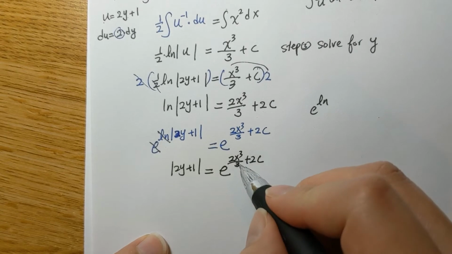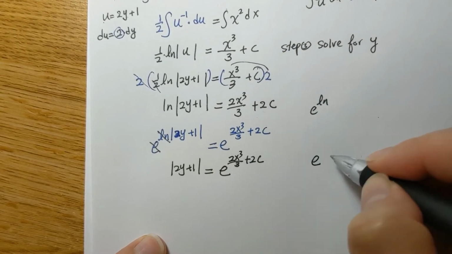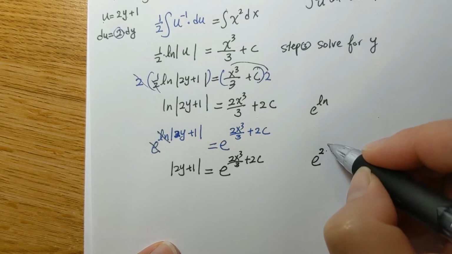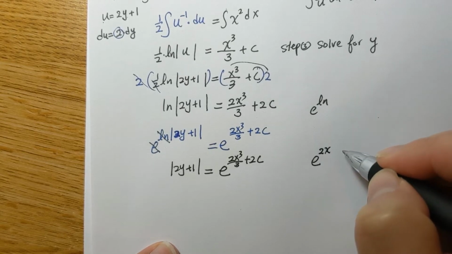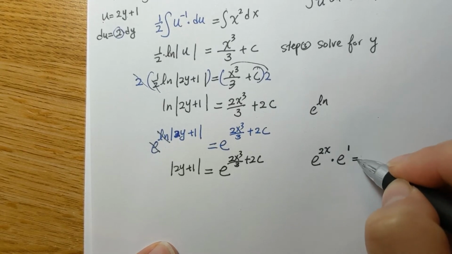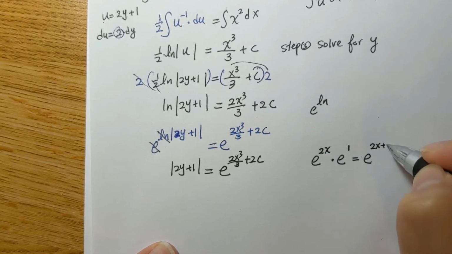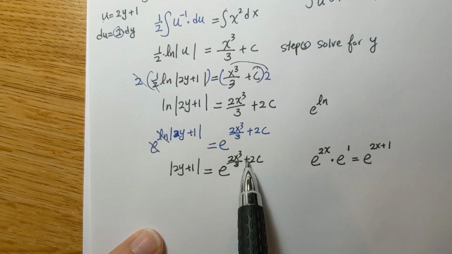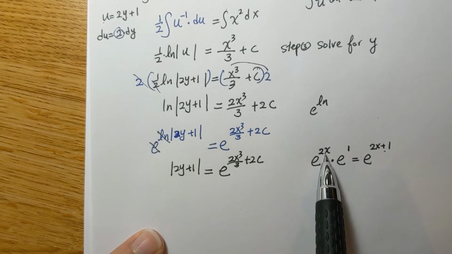Now, if you have e to the 2x times e to the first power, that is e to the 2x plus 1. So now we have an addition over here, and we want to go backward.